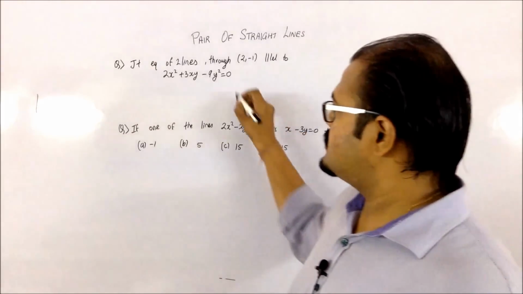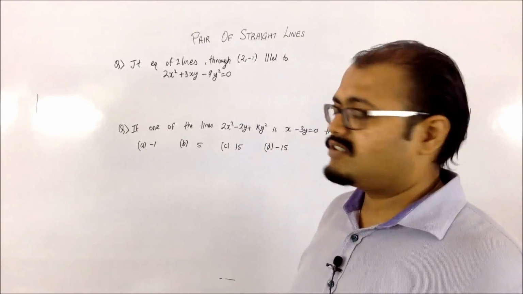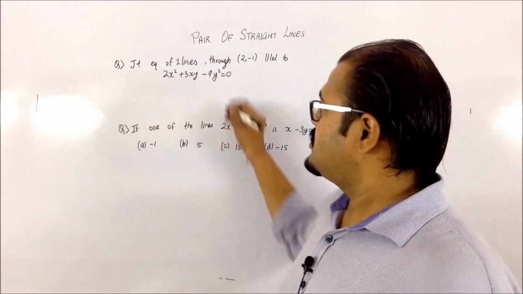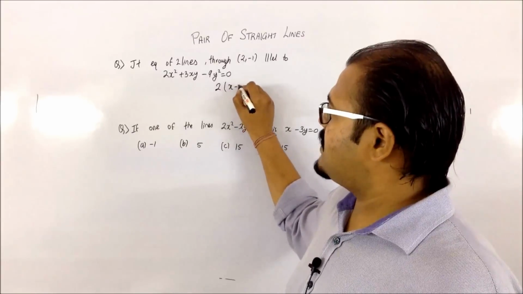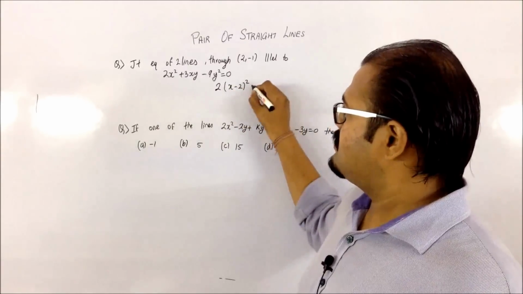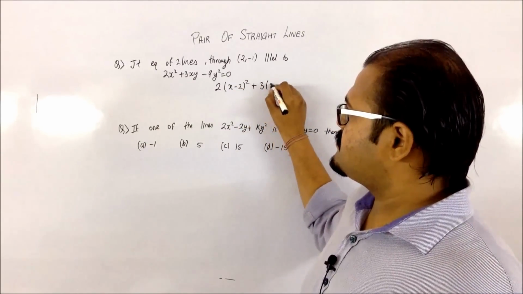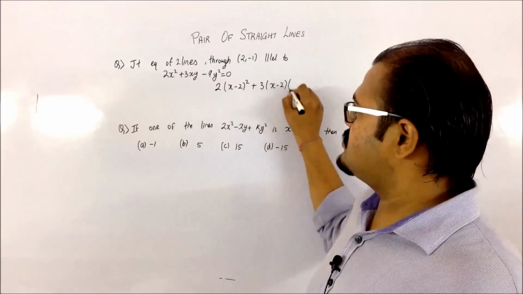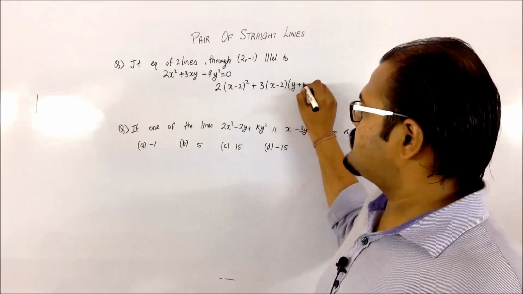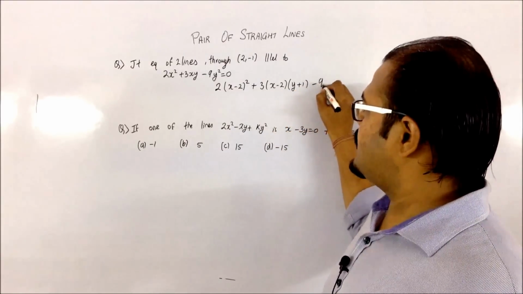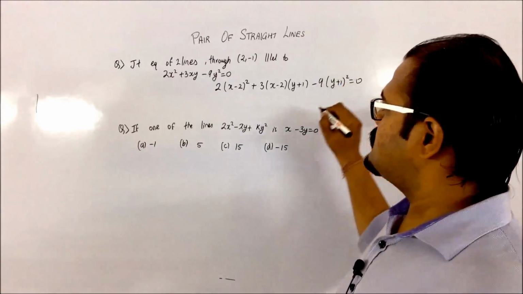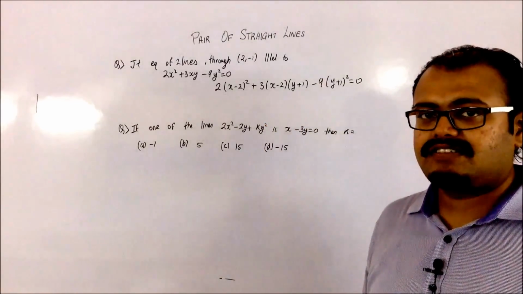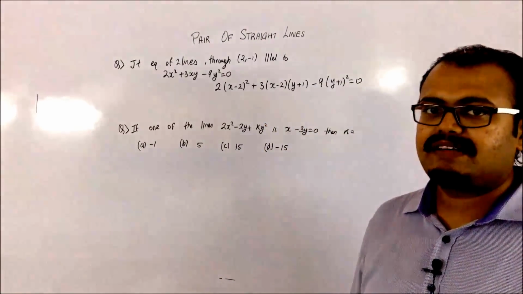If it is passing through 2 comma minus 1, you will write the equation as 2 into x minus 2 the whole square plus 3 into x minus 2 into y plus 1 minus 9 into y plus 1 the whole square equals 0. If you solve this equation, you will get the equation of the pair of lines.